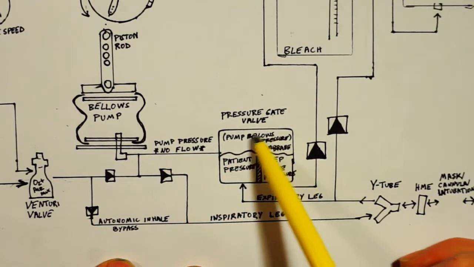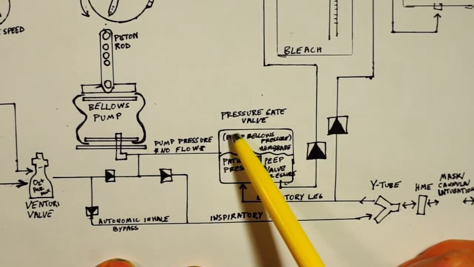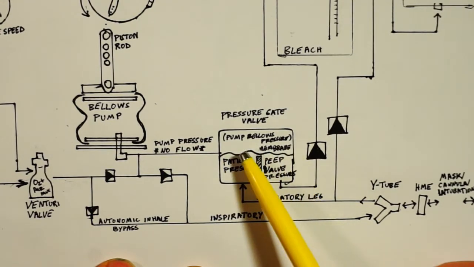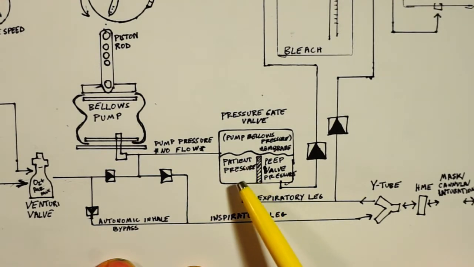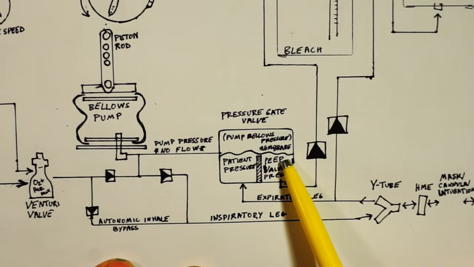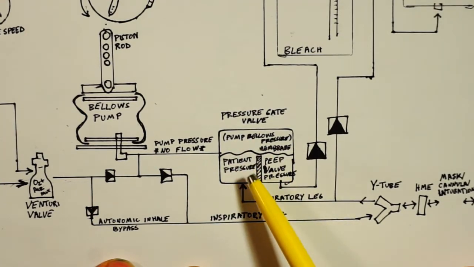There's no exit port in this chamber. Between these three chambers, there's a flexible silicone membrane in the valve pack that can move up or down, thusly closing or exposing the patient expiratory chamber to the PEEP chamber. And we'll take a look at how that works specifically later.